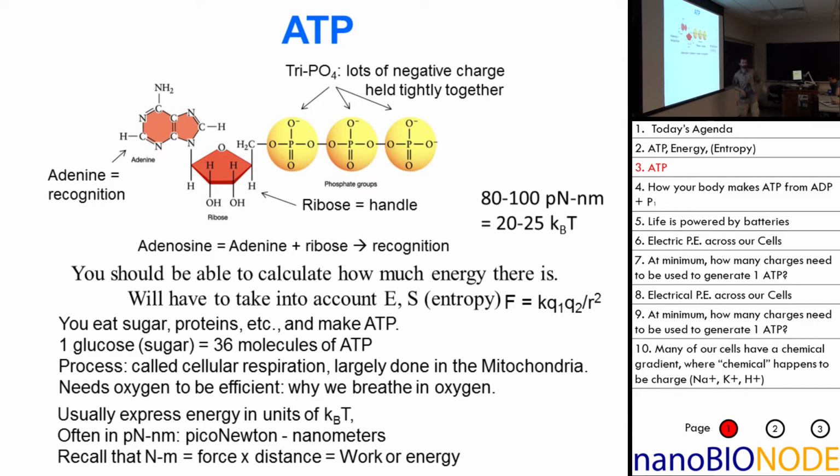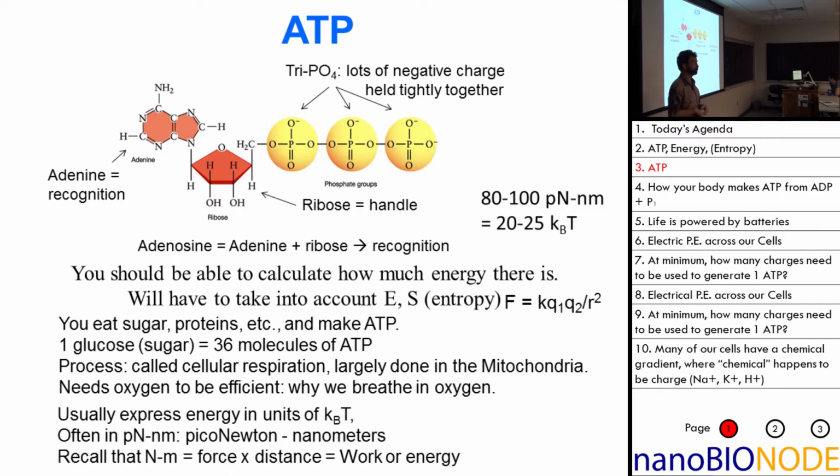So let's say you have a molecular motor which takes this energy and it produces a certain force and a certain distance.